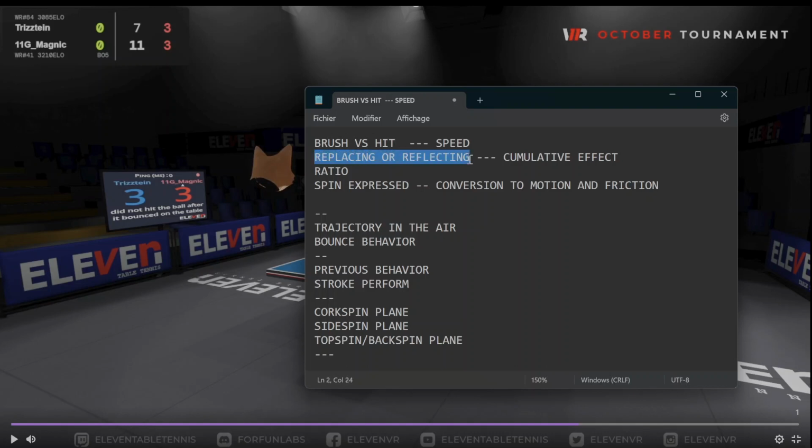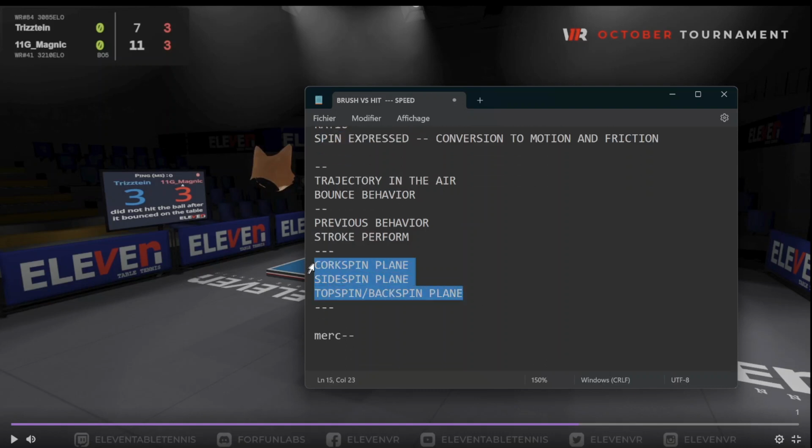Replacing or reflecting the spin is something that I'd like to introduce, because I think a lot of people get mixed up with these two, and perhaps this is what's going on here. Also, there is this thing of cumulative effect, which plays directly into these two concepts. Then we can talk about ratios for these things and spin being expressed, etc.